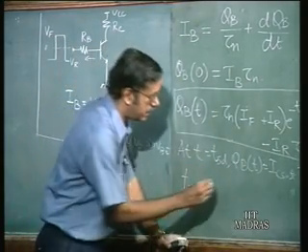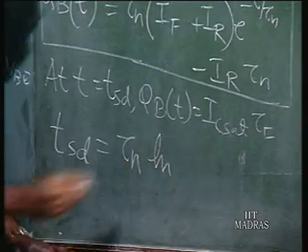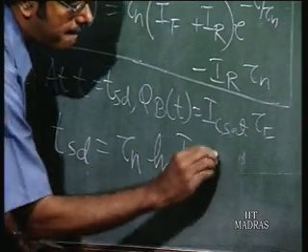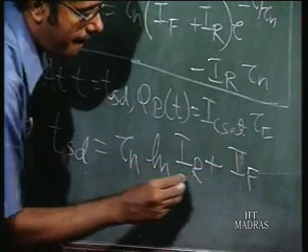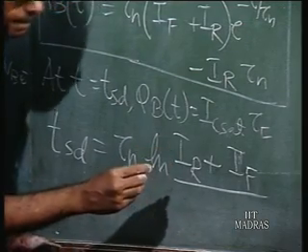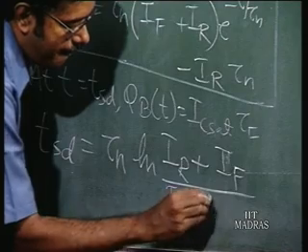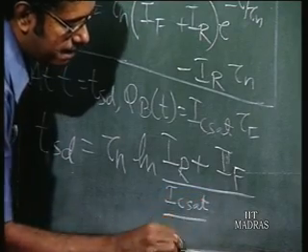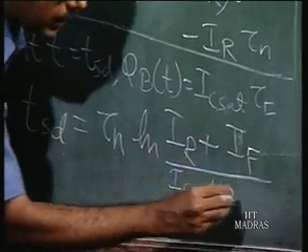tau n ln of (IR plus IF) divided by (IC sat by beta f plus IR).